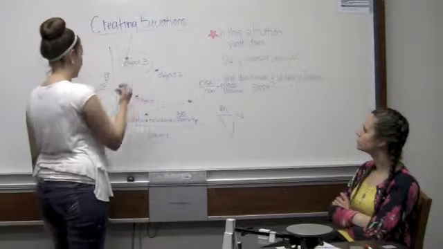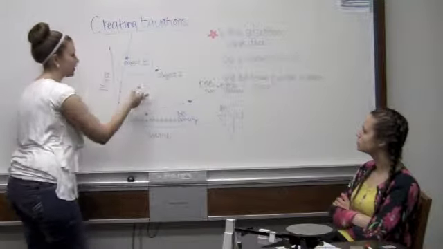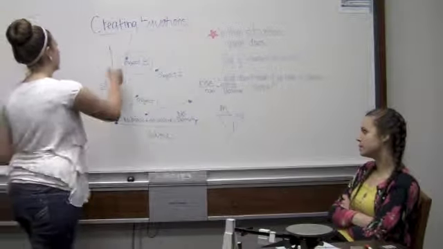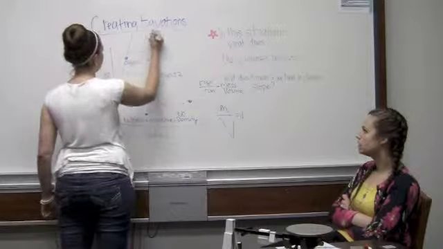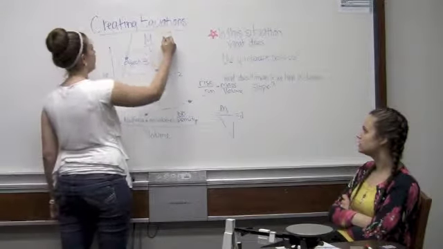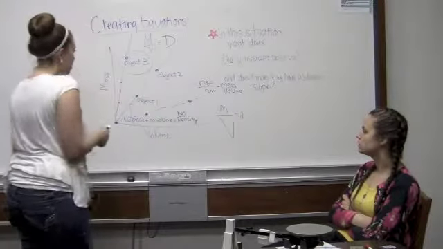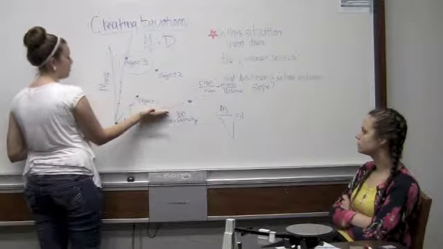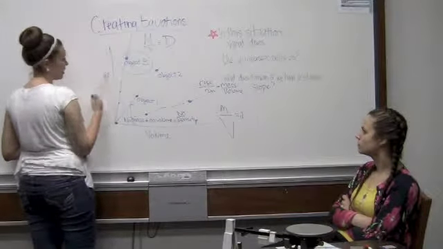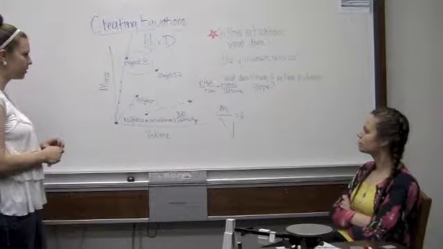Let's look at object 3 for a second. What's the difference between object 3 and object 2? That one has a huge mass compared to the other one. Huge mass, right? So we have a huge mass over a little volume, which gives us huge density. So as we can see, we have small density, a bigger density, and an even bigger density the steeper our line goes.